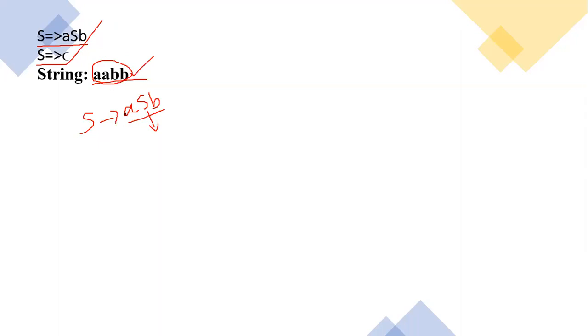Now please tell me, A and B are terminals, no need to substitute anything. S is the non-terminal. In this place, we can substitute. For S, we have two productions, right? One is ASB and another one is epsilon. We can substitute either one. Which one can I substitute to get the string AABB? Please, anyone?